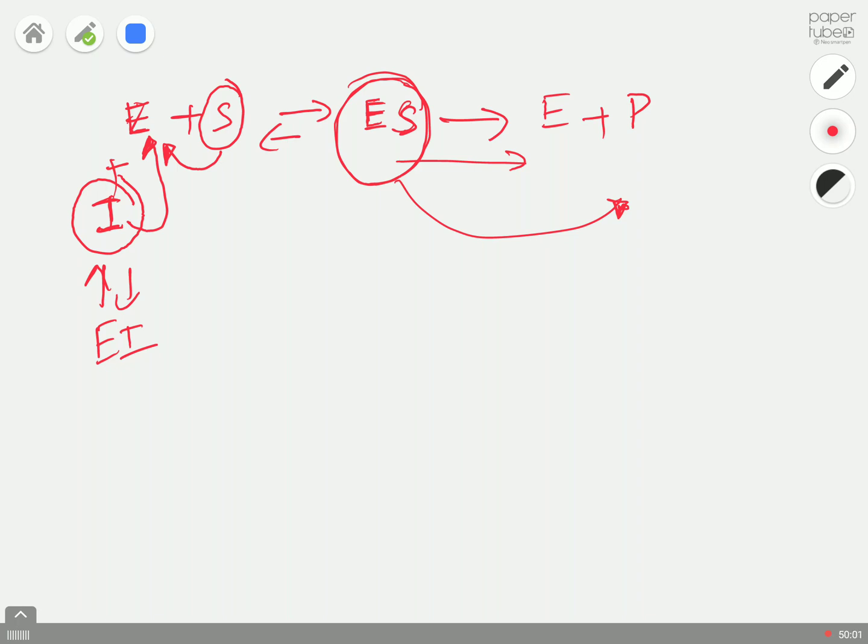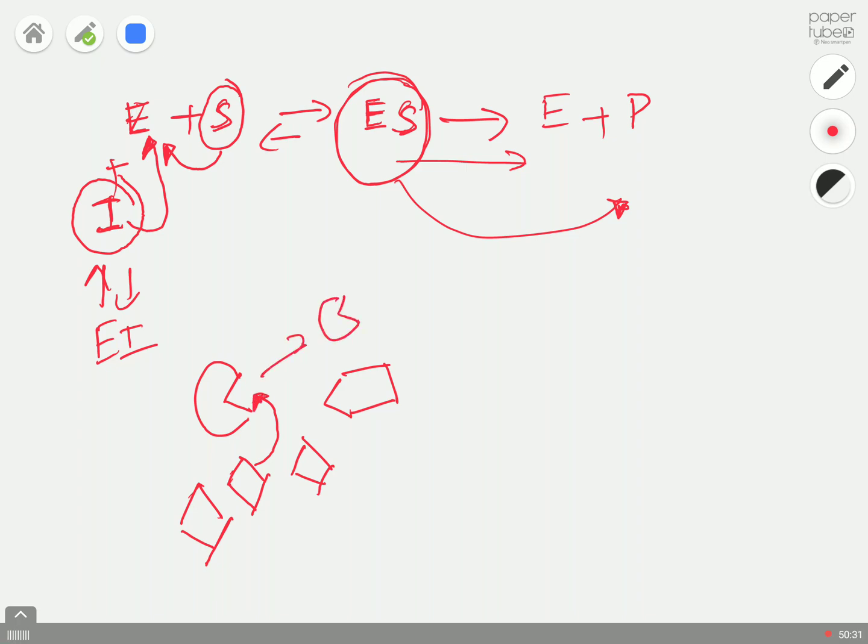Another thing that you should remember is, say when your substrate concentration is low, you have one enzyme, and then you have only one substrate, and maybe 3 inhibitors. It is more probable that you will end up with an enzyme inhibitor complex.